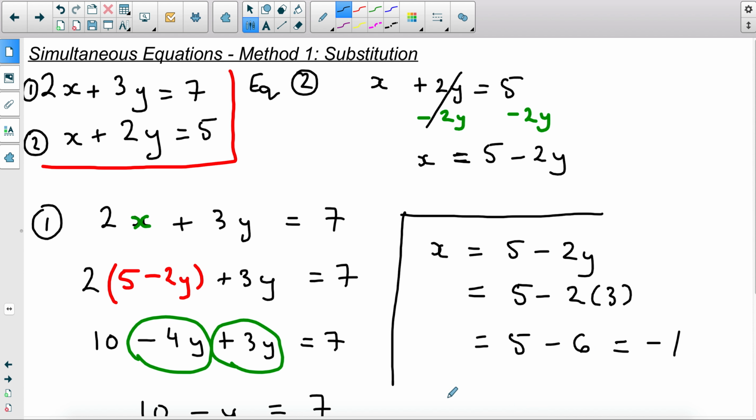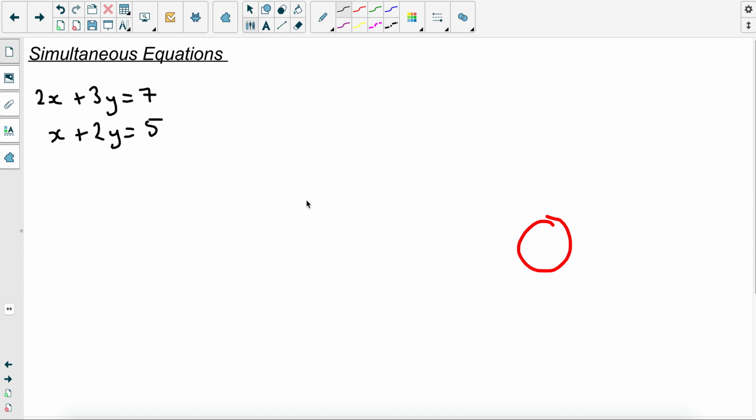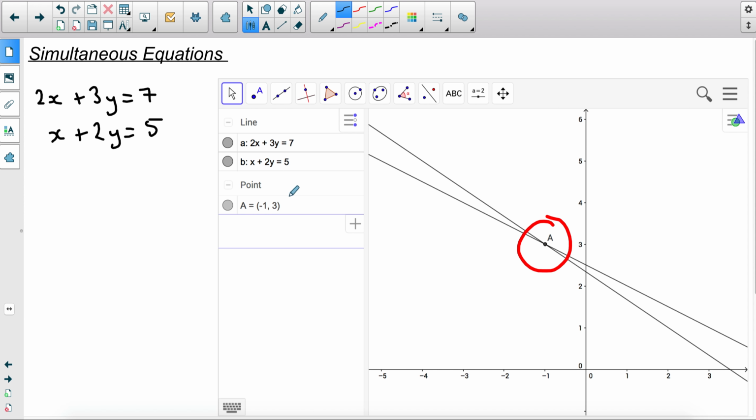So y is equal to 3 and x equals negative 1. Always lay out your answer in the end, which confirms what the graph told us initially, which is that the x coordinate is negative 1 and the y coordinate is 3.